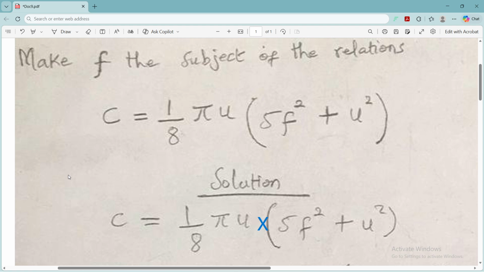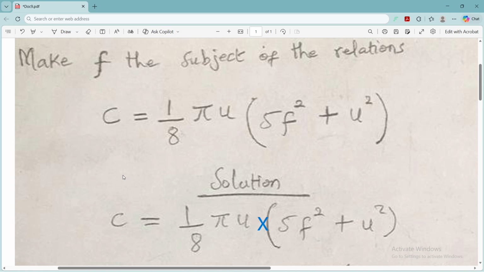So we are going to have c equals the fraction 1 over 8 pi u multiplying, or in bracket, 5f squared plus u squared, right?